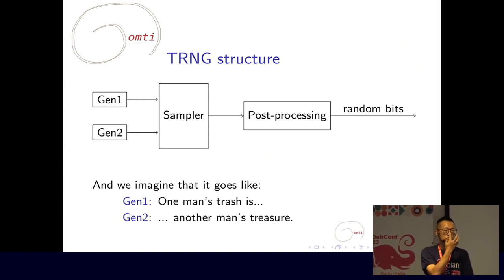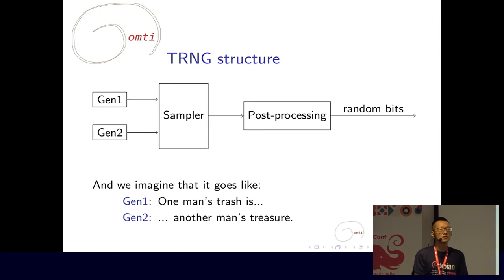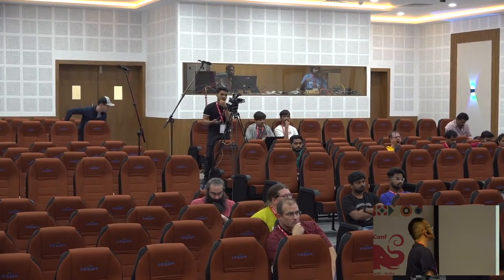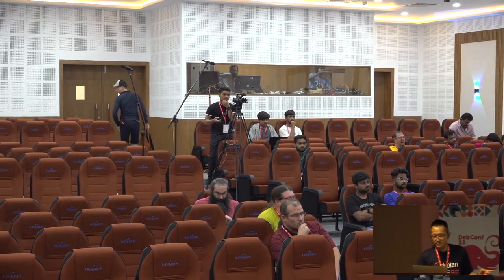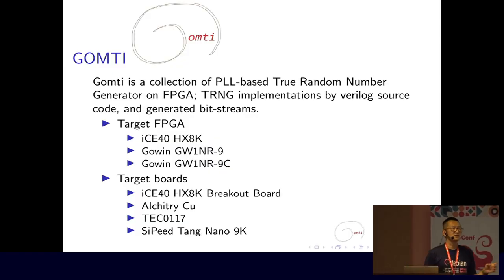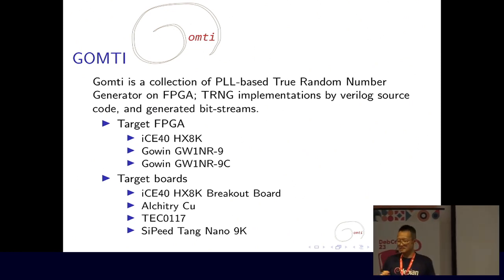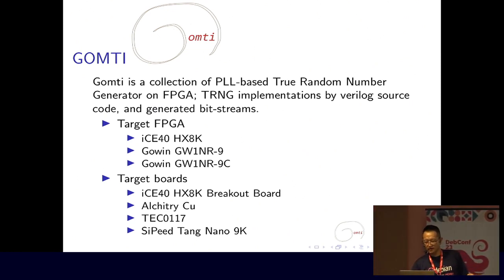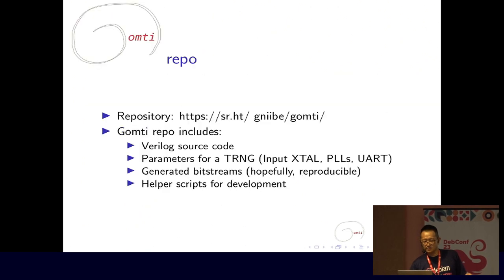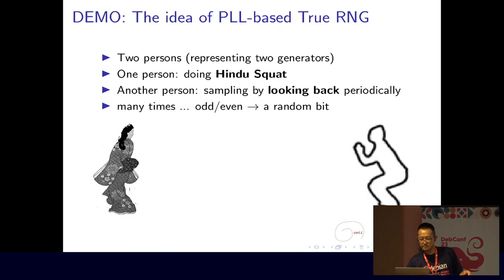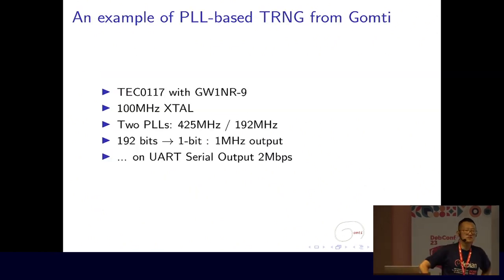The second part of the question was, what is the bandwidth limit? How fast can we get out? It depends on the parameters, and it depends on the FPGA performance. In this example, which is not a good example, it's about a 1 megahertz output.